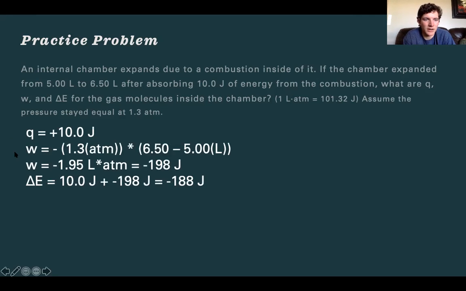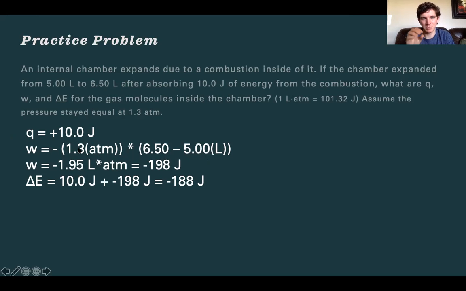So our heat is going to be positive because it's absorbing energy. The system is gaining heat. The work, PV: our pressure is 1.3, and it stays constant, so it's fine. And our chamber is expanding, so 6.5 minus 5 liters, so that equation gives us negative 1.95.